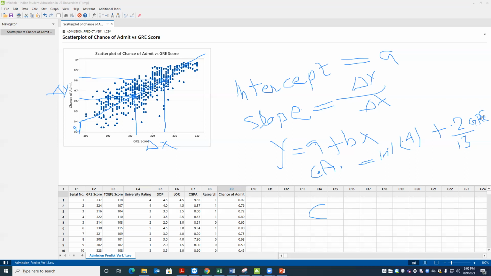What would be the chance of admission if my GRE is like 309? So what I can do, I can predict, I can forecast based on this equation. I can forecast the value, or I can forecast the chance of admission.